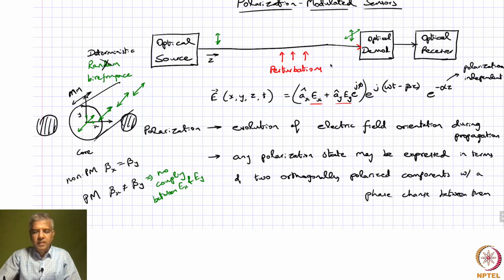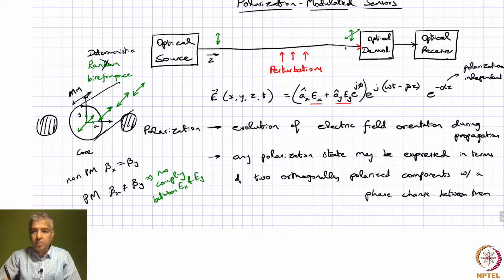So we started looking at polarization modulated sensors in the last lecture. So we talked about using an optical source, and if it is an optical fiber sensor, you launch that into an optical fiber such that you launch a particular polarization inside that optical fiber, and with perturbations the polarization state might change.